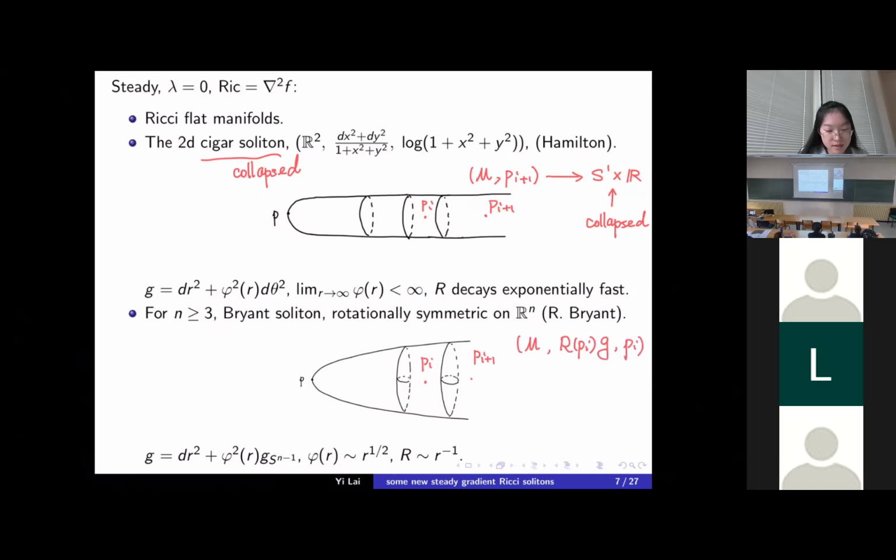And so this sequence of manifolds will converge to a cylinder S2 cross R. So this cylinder is non-collapsed. So it is easy to see that this Bryant soliton is non-collapsed. Okay.